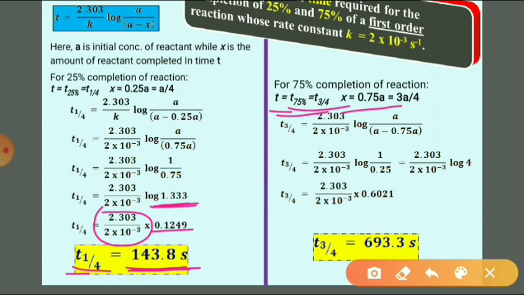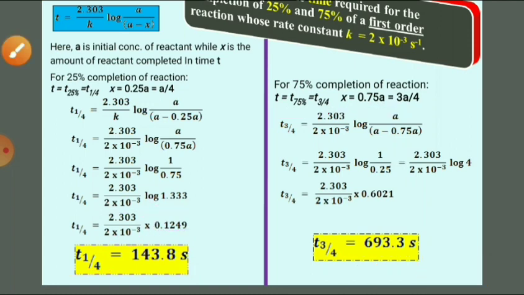So the value of x will be 0.75 a, or you can say 3 upon 4 into a, or 3a upon 4, either you can use, right?